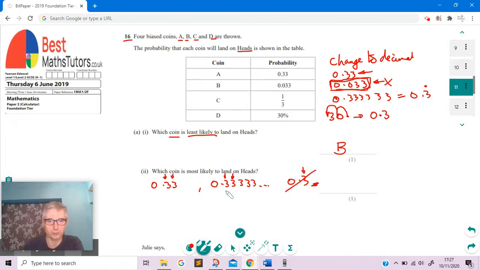So the choice of which one's the biggest is between this one and this one. And so I'm now going to look at the next column, and we can see the thousandths column. We don't have anything in that one, but we do have something in this one. We've got 3 thousandths. So this one then is the biggest, and that is C. So we can see that was the one that was 1/3. So it's C.